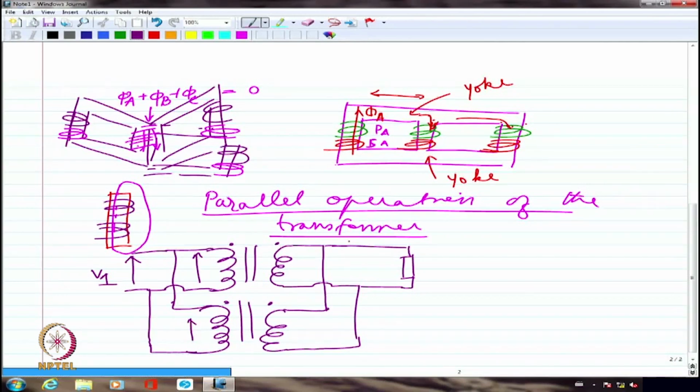So if the total load current is IL, the current flowing from here is I1 and the current flowing from here is I2, then I1 plus I2 will be IL. This is what we mean by parallel operation of two transformers. Together the load is being supplied with the help of two transformers, not a single transformer.